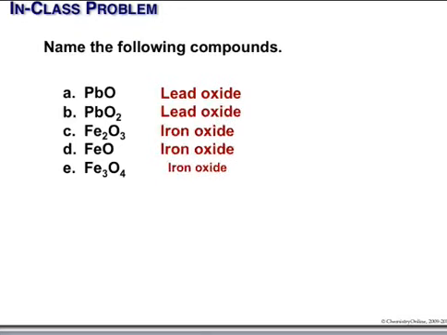And so is that. And so is that. Clearly, we have a problem, don't we? We need some way to explain in our name that we have 2 oxygens, 2 irons, 3 oxygens, 1 and 1, etc. But we can't use the multipliers.